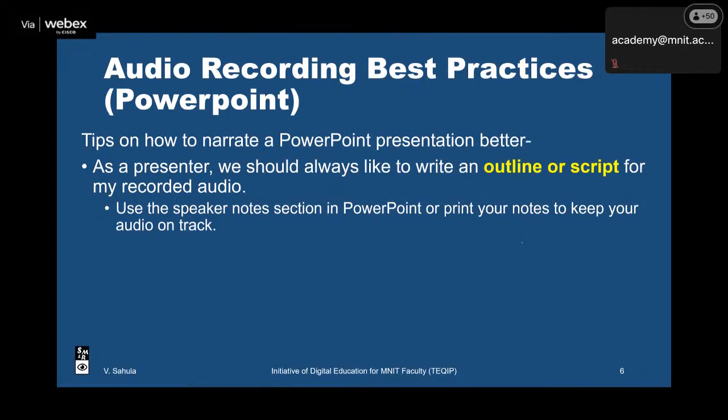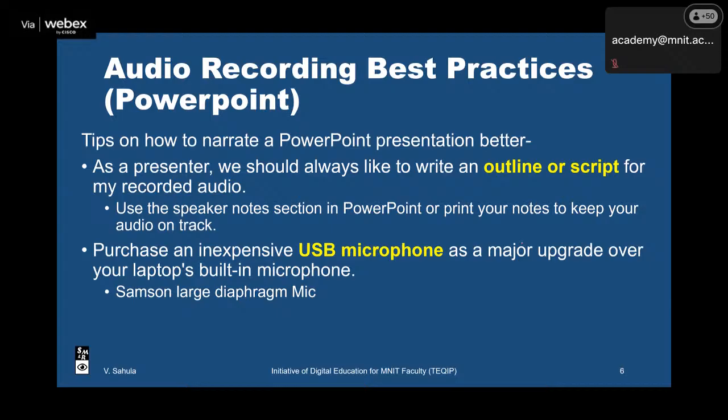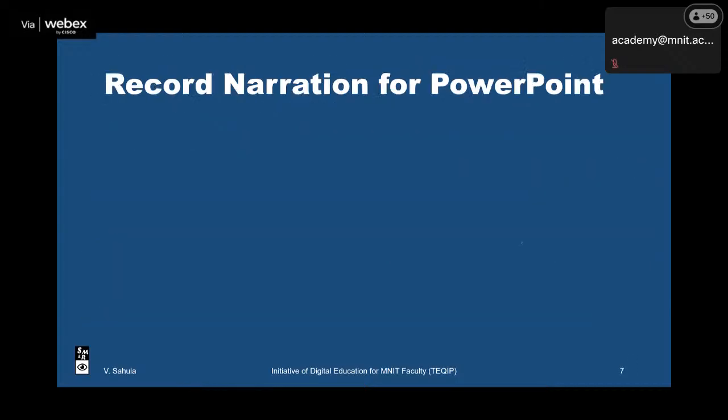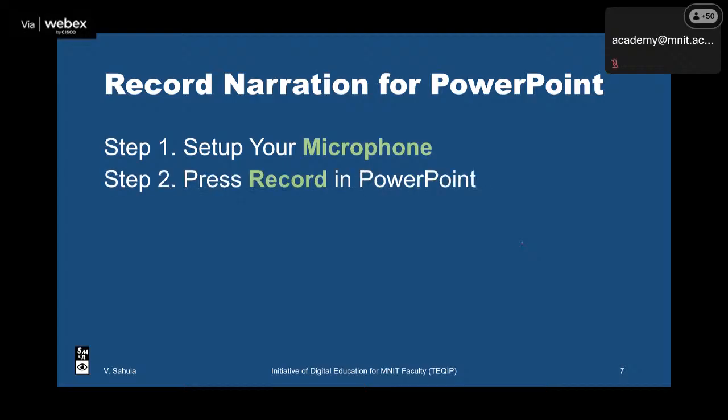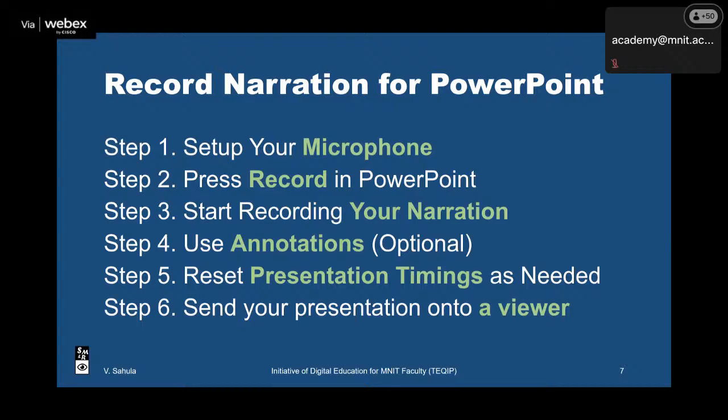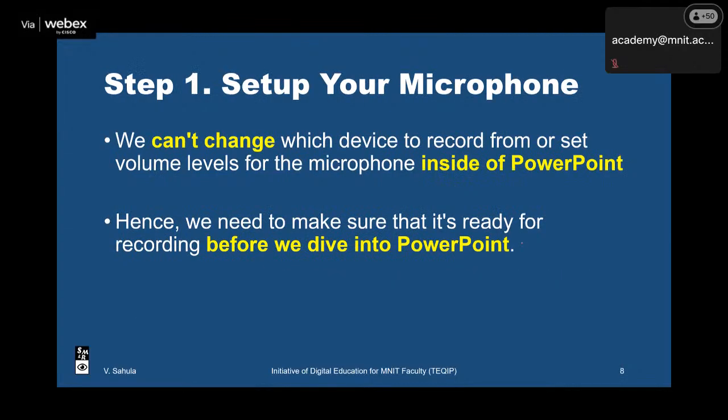You go to PowerPoint, you script it out. I'm repeating it. Buy a USB microphone which has active noise cancellation. Set up your microphone, and then press record, and then go to the reviewer, right?